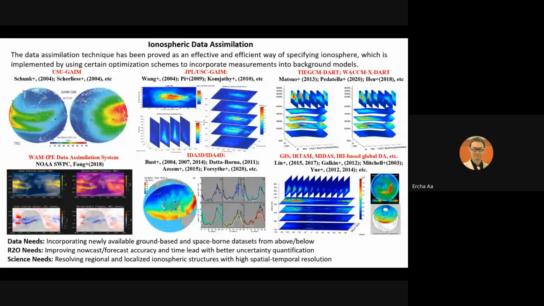Most current data assimilation systems are built to run on a global scale with relatively coarse grid sizes. That means they may not always have the best performance in specifying regional structures. So we have the science needs to develop regional data assimilation systems so we can resolve some localized structures with higher spatial temporal resolution. That's one of the motivations for us to develop TIDAS.